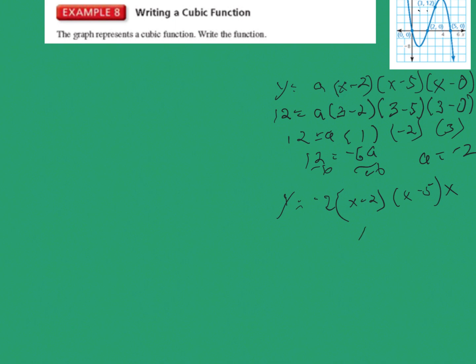So we're going to get x squared minus 7x plus 10 times negative 2x. Multiply by negative 2x, we're going to get negative 2x cubed plus 14x squared minus 20x.